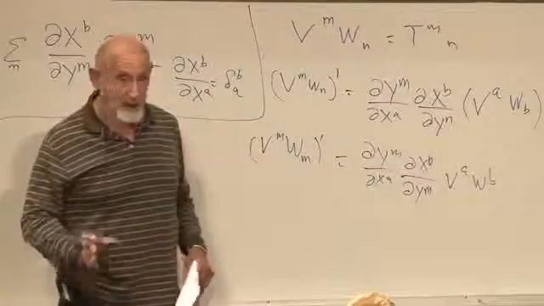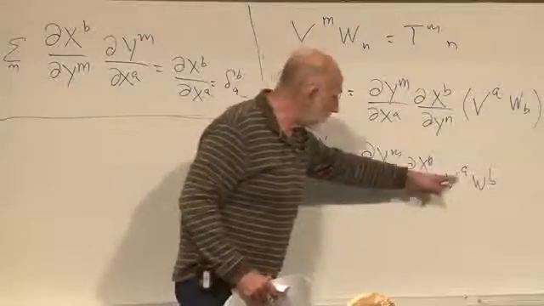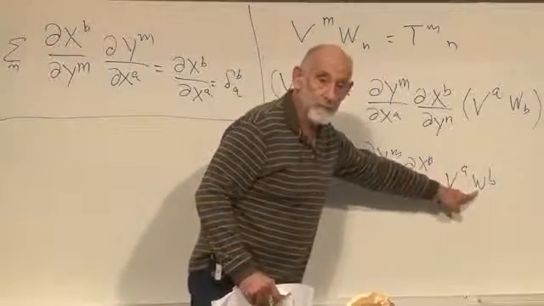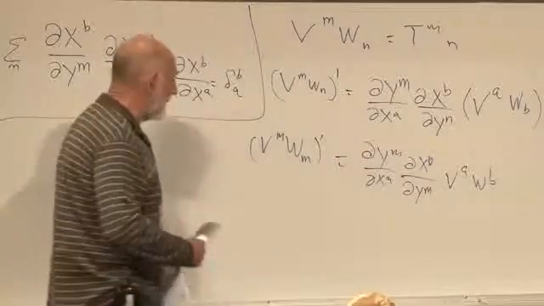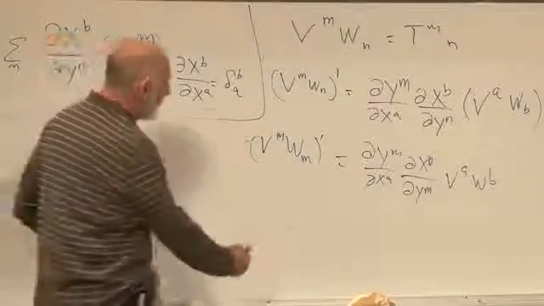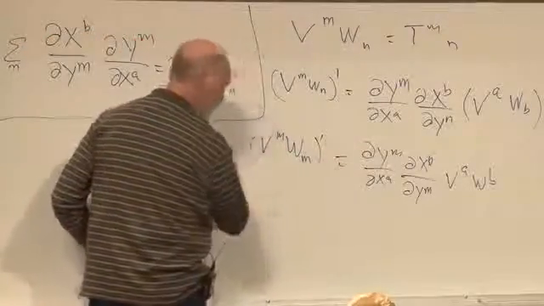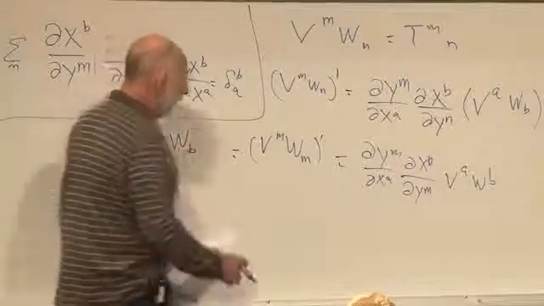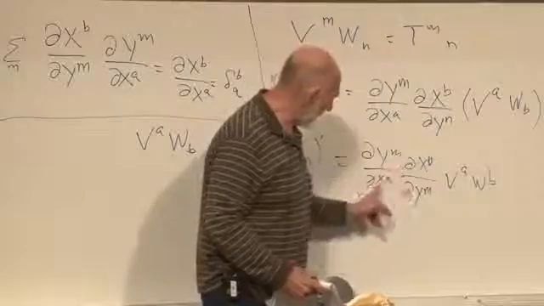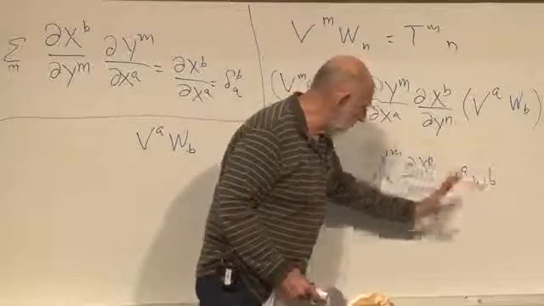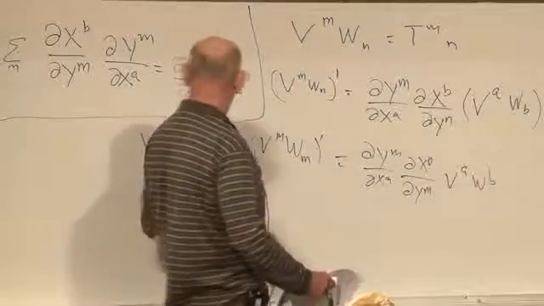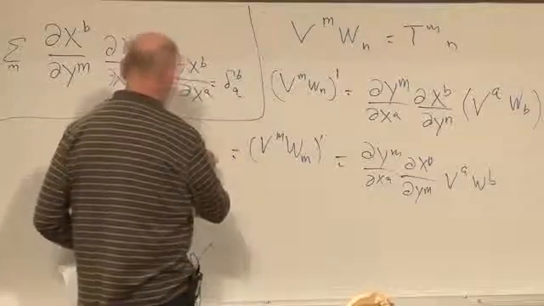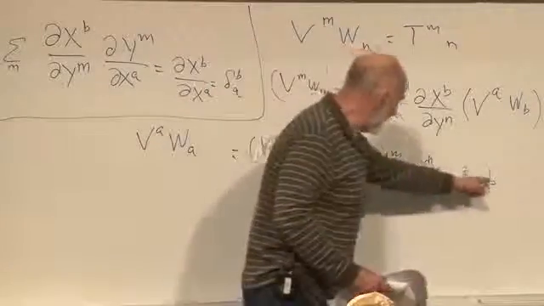And delta^B_A is simply the instruction to set A equal to B. That's what it is, a little machine which says set A equal to B, and the result is that this thing is equal to V^A W_A. Okay, I set A equal to B, or set B equal to A, sorry, V^A W_A.